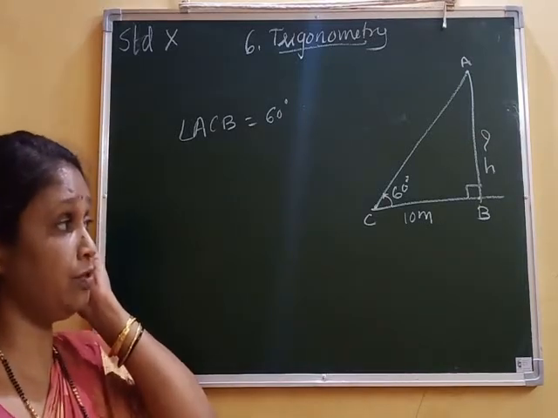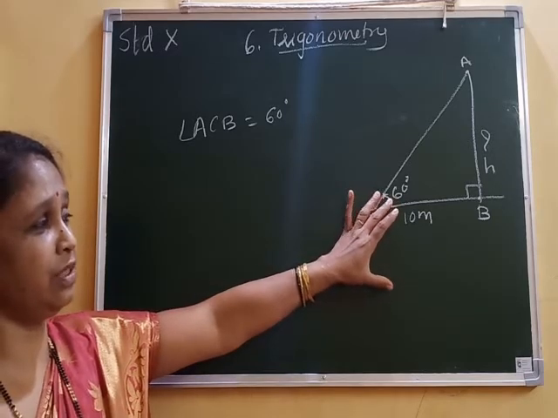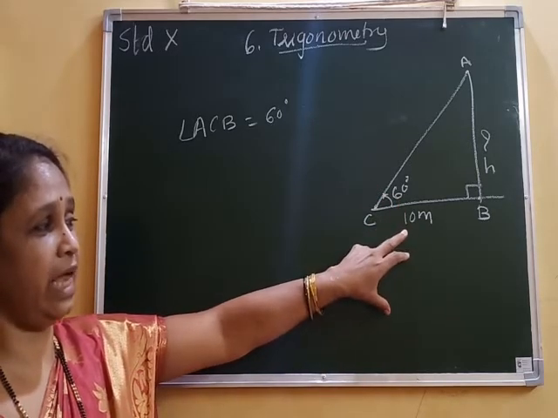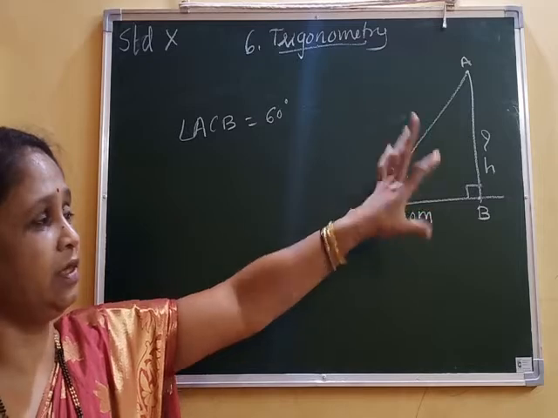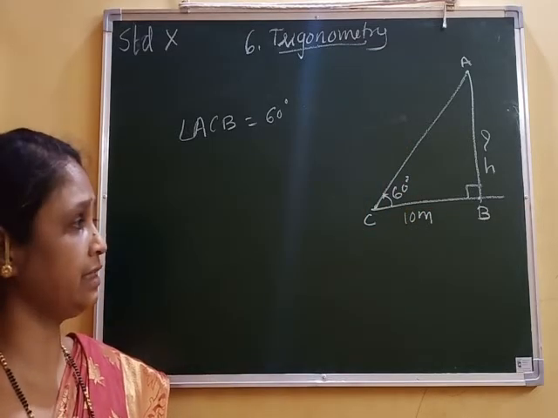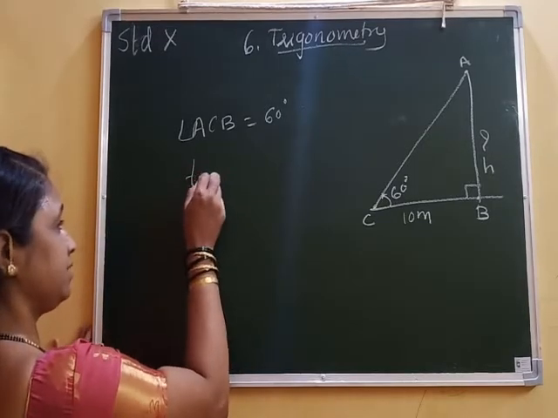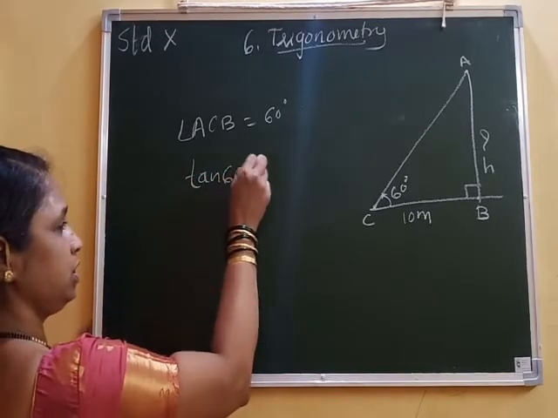Now we know the relation. Which sides do we know? This is the adjacent side and this is the opposite side. So for 60 degree, we have opposite side and adjacent side. This relation is of what? Tan.